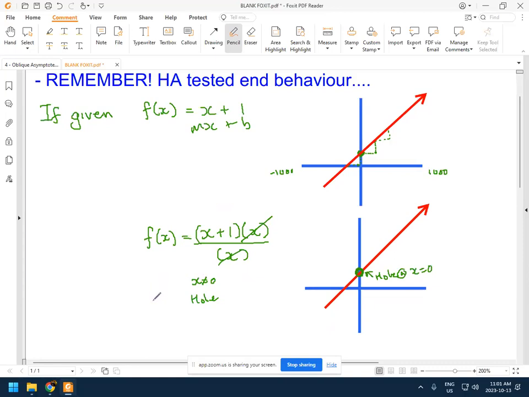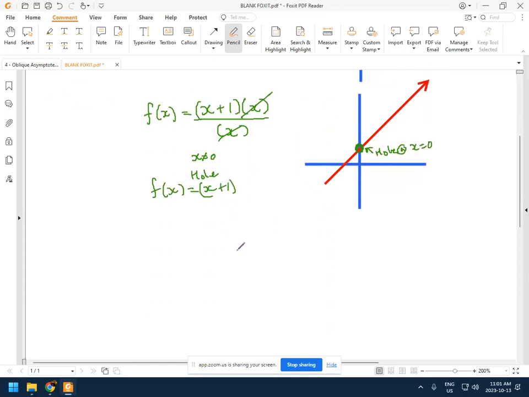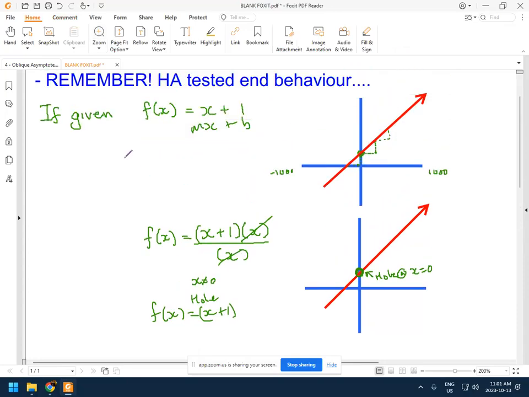It's the exact same line. F of x still equals x plus 1, but now I have a hole. If you can handle that, consider what we did here. Let's call this example A, this is example B.